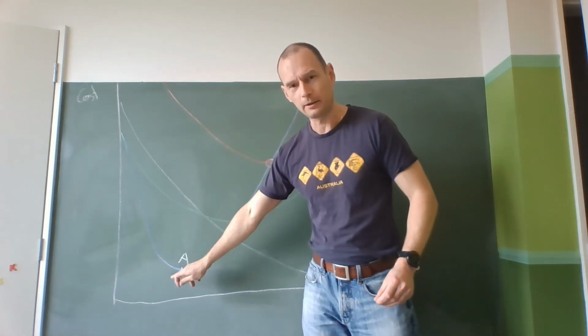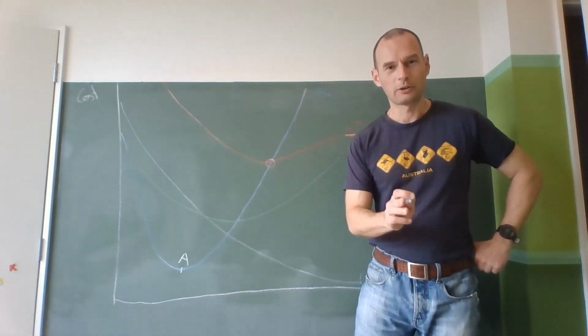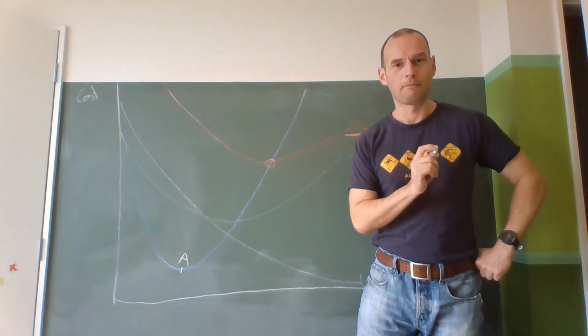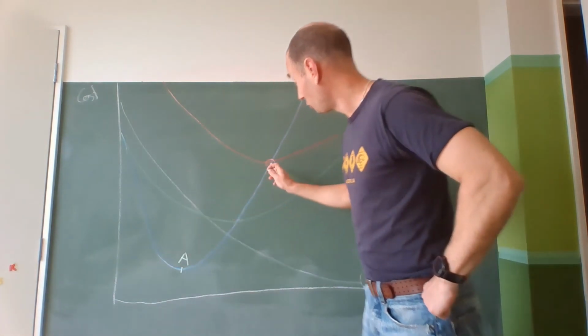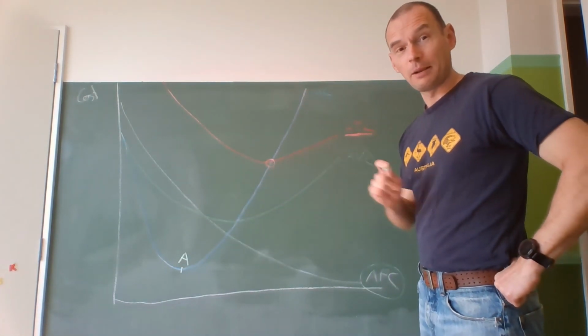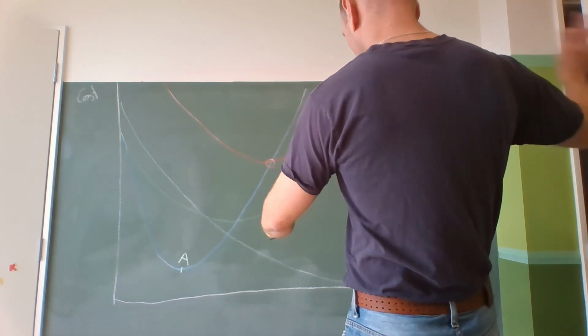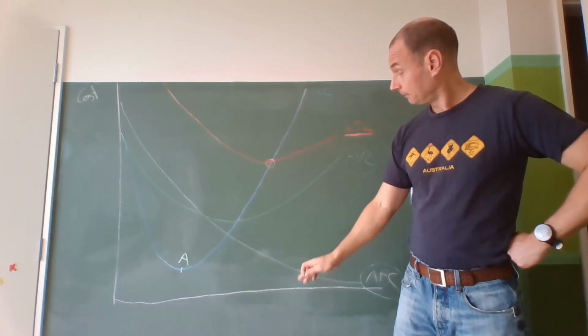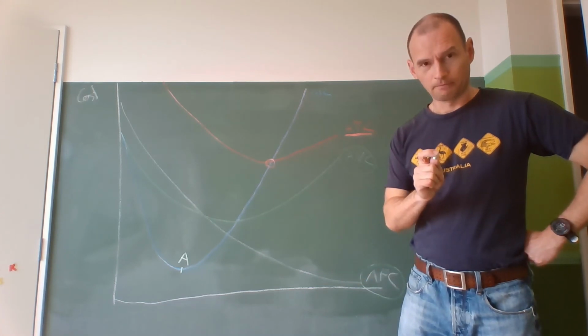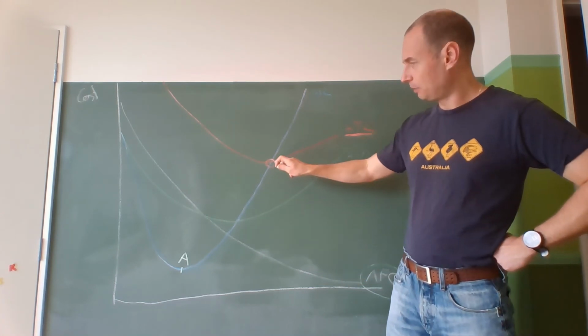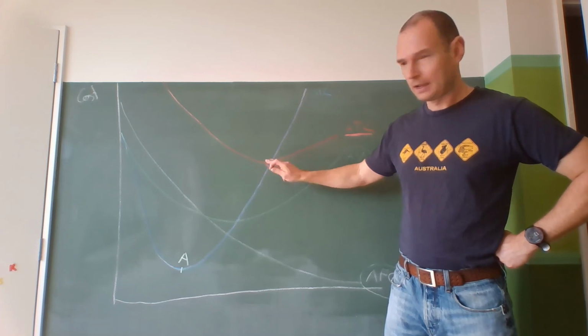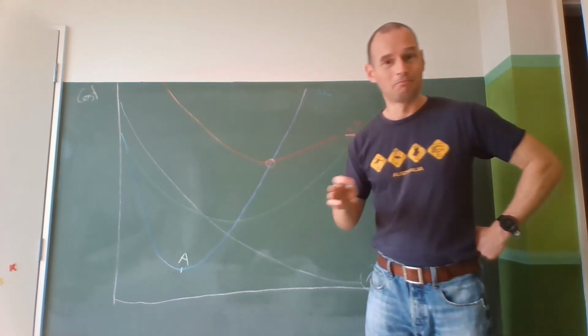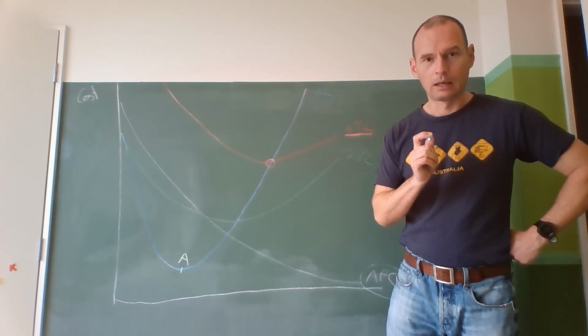This is the point at which my workers have the highest productivity. The point in which I want to produce, the one that minimizes average total cost, is actually on the right-hand side. And the reason for that is the existence of fixed costs. Again, I care about minimization of the total. I do not really care about productivity per se.